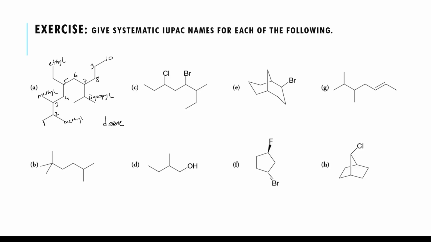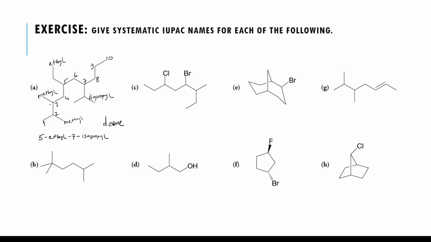So we have an ethyl substituent at the fifth position. So this is going to be 5-ethyl, with a dash. Then we have an isopropyl at the seventh position. So we start with a dash, then the position, another dash, then isopropyl.